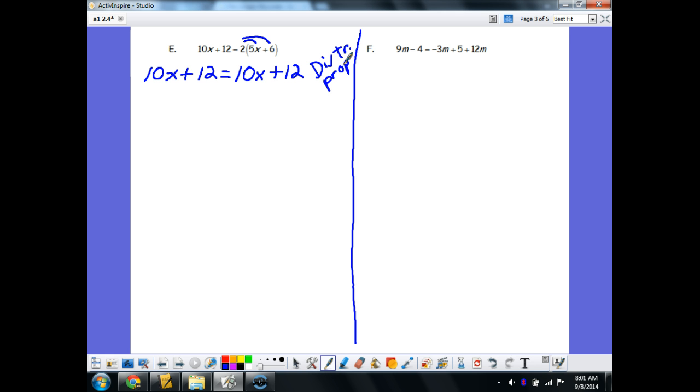Now, the next step, as discussed in the previous video, is we want to get the variable on one side of the equal sign. We're going to do that by moving this 10x by subtracting it from both sides. And that is the subtraction property of equality.